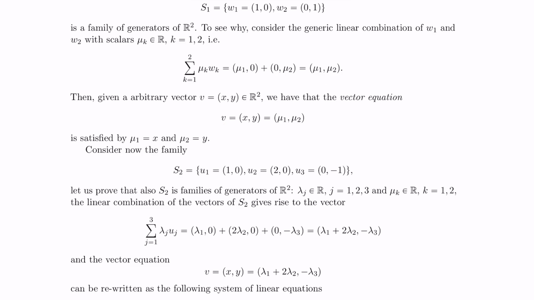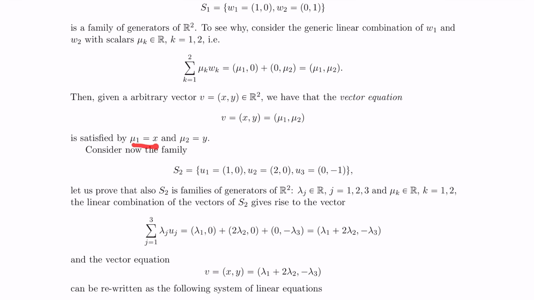That is, we have to consider this vector equation and we have to solve it. Solving this vector equation is actually a super simple task because we recognize the fact that in order to solve it, we simply have to equate mu1 with x and mu2 with y.